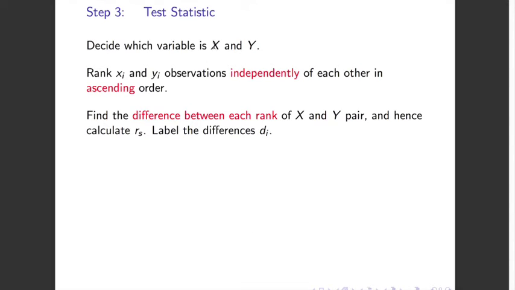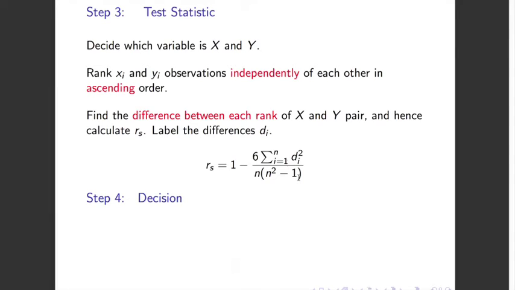So basically you're going to take your data, rank x and y independently, then find the differences between those ranks and calculate RS. We label the differences as di. So RS will be 1 minus 6 times the sum of those differences squared, divided by n times n squared minus 1.